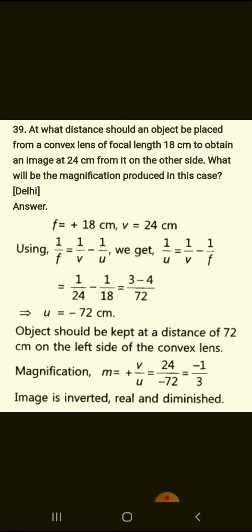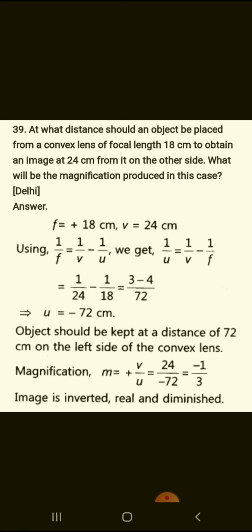We have the focal length as well as the distance of the image, that means v. So we have f and v, so we will use the lens formula: 1 upon f is equal to 1 upon v minus 1 upon u. Substituting the values, we get u is equal to minus 72 centimeter.